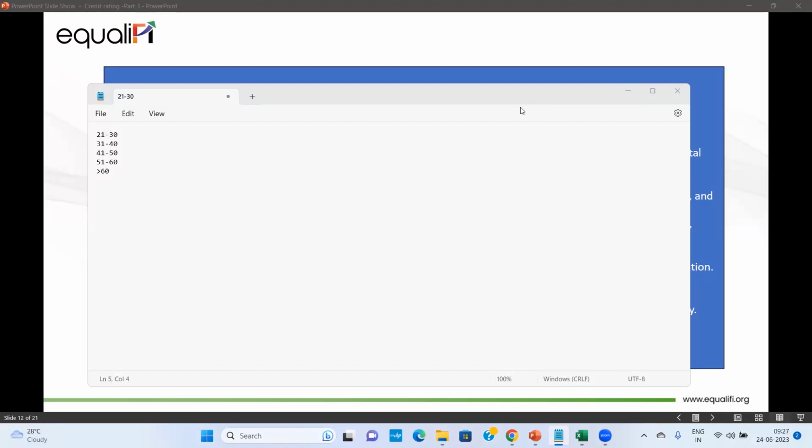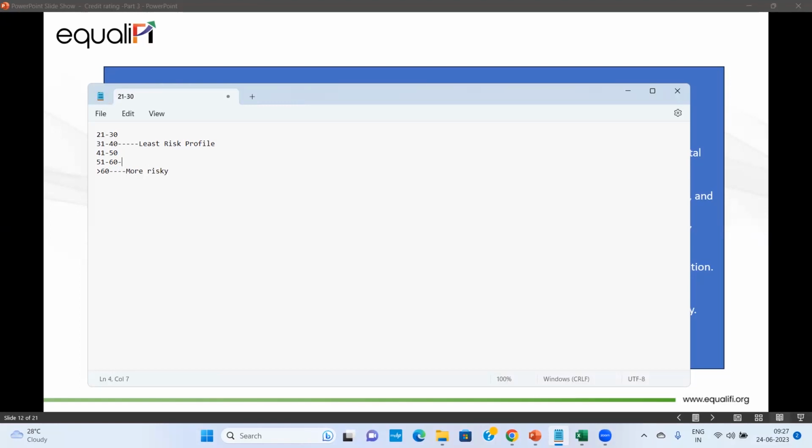So 31 to 40 is less risk. This is the least risk profile. I'm going to tell you the reason. This is more risky.